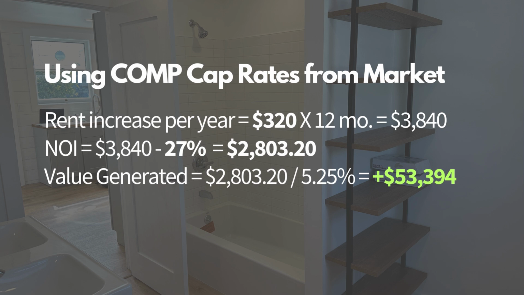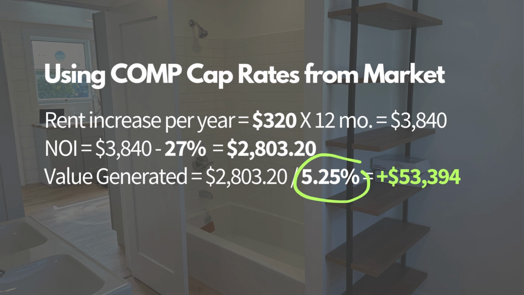This property has roughly 28% expenses, and by passing on some of the expenses to this new tenant, I reduced those expenses 1%. So I'm calculating that in here, and then I take the NOI for this individual unit and divide it by those comp cap rates, and that gives me roughly about 53,000.